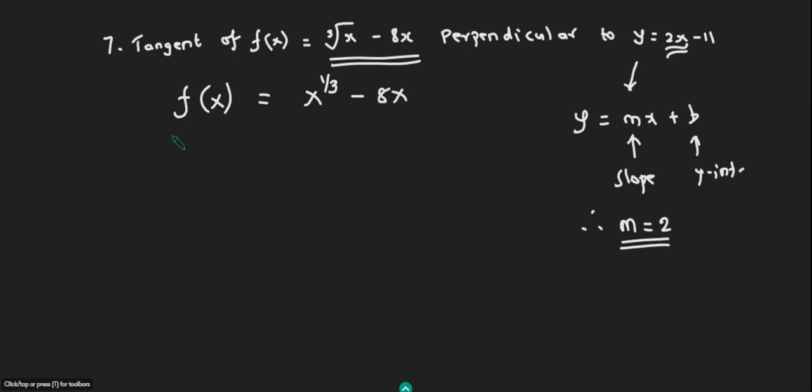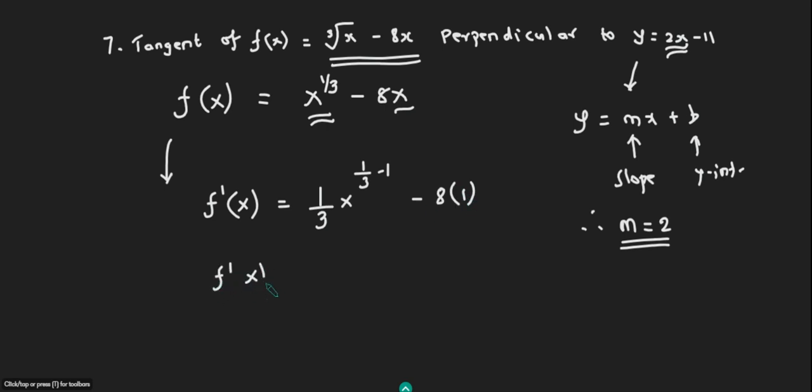Now let me find its derivative. So we get f prime of x. Now we can apply the power rule to find the derivative of x power 1 by 3. So we put this 1 by 3 in front and raise x to the power of 1 by 3 minus 1. And we have minus 8 times the derivative of x, which is 1. Let's simplify this.